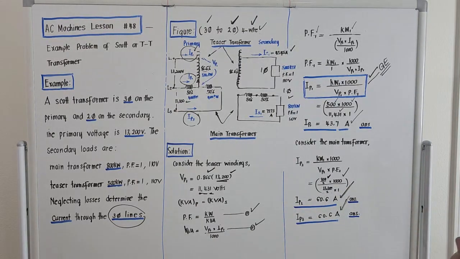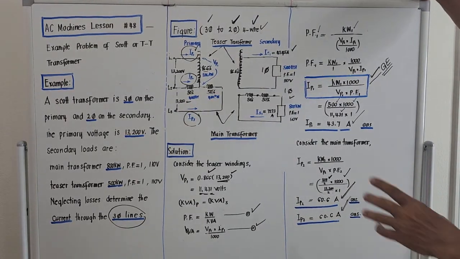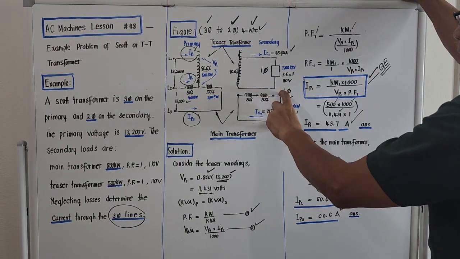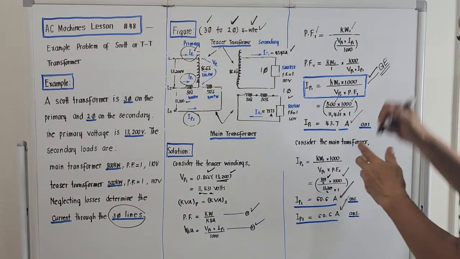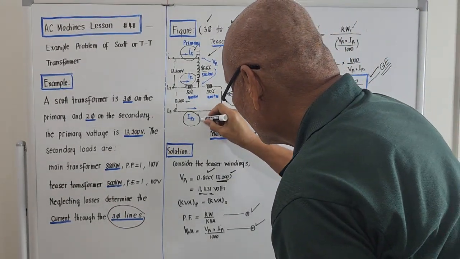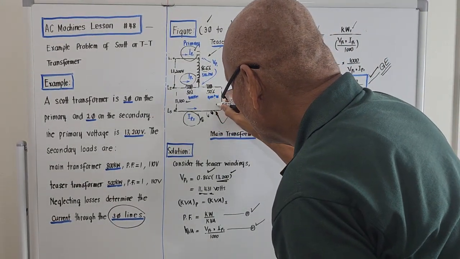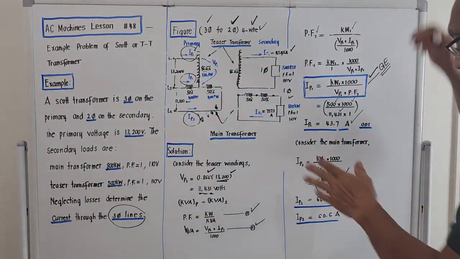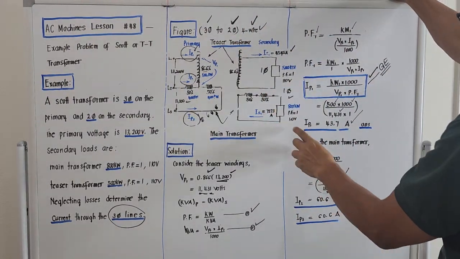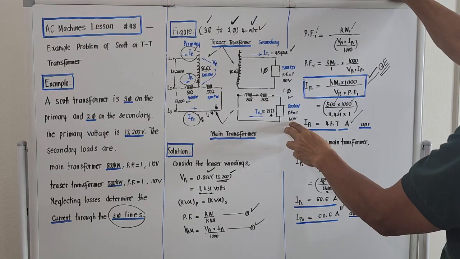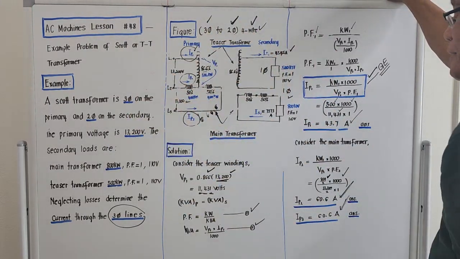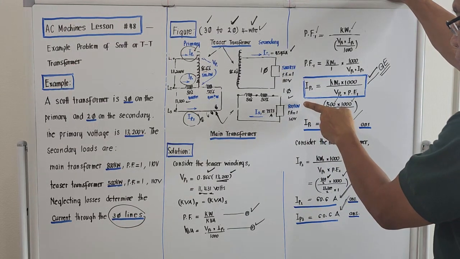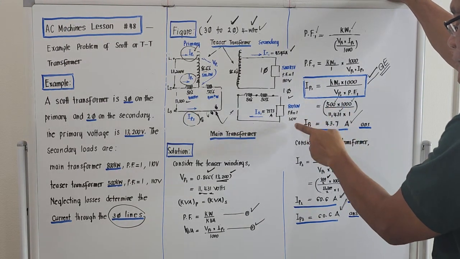And again, if we try to compute for the current in here, this is 800 kilowatts, and this is only 60.6. But if we compute for the current on the secondary, since the voltage on the secondaries is only 110 volts, we'll use the whole 800 kilowatts divided by 110.